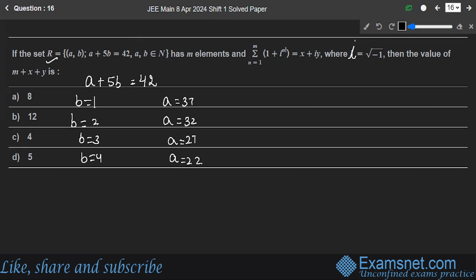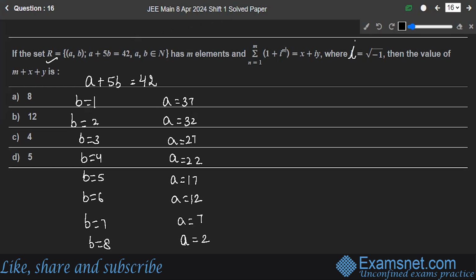So this will be 22, 17, 12, and for b equal to 7, a will be 7, and b equal to 8, a will be 2. Further values of a and b are not possible because then it will go negative, right?